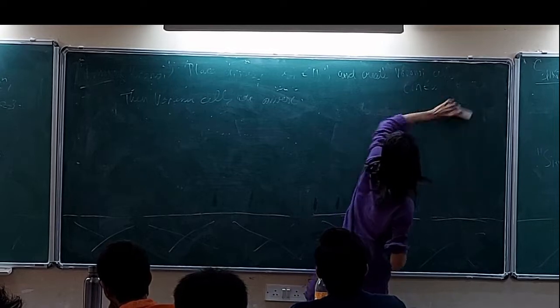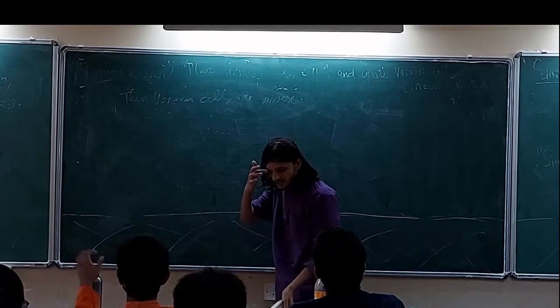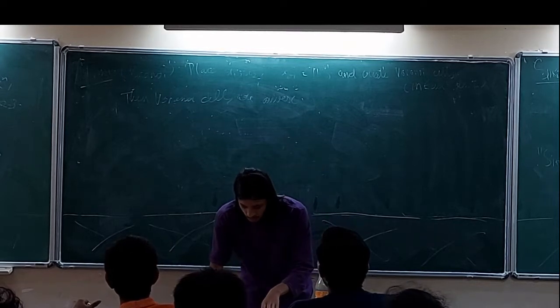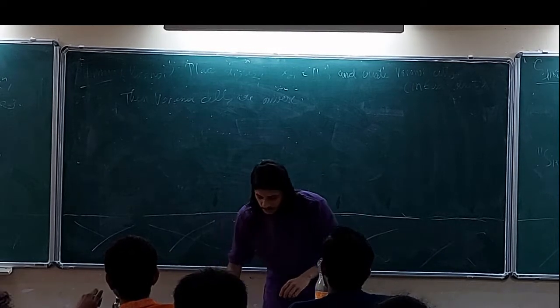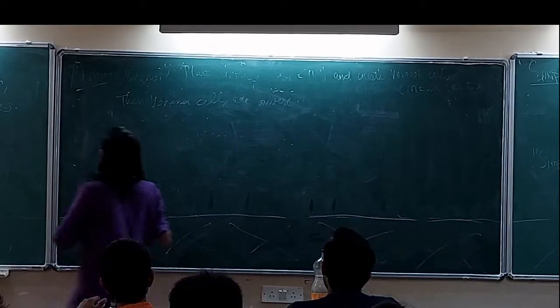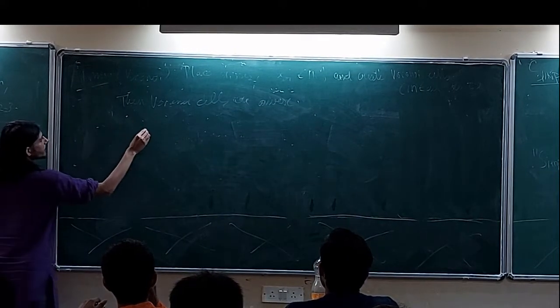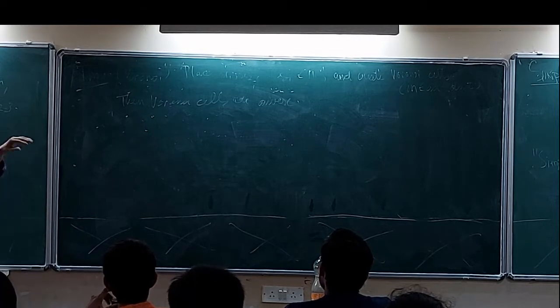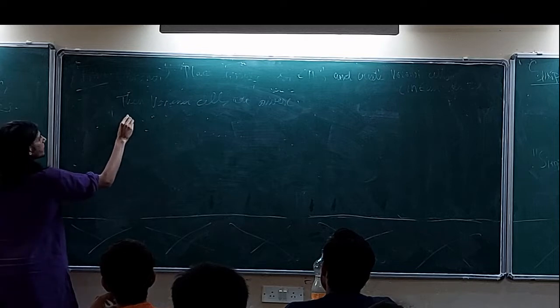So given any bunch of points, you perhaps want to try and find a convex set that captures all of them. Let's say there's a point here, a point there, a point there, a point there, a point here. Now you want to find the smallest convex set that contains all of them. In that case, that would be this one.